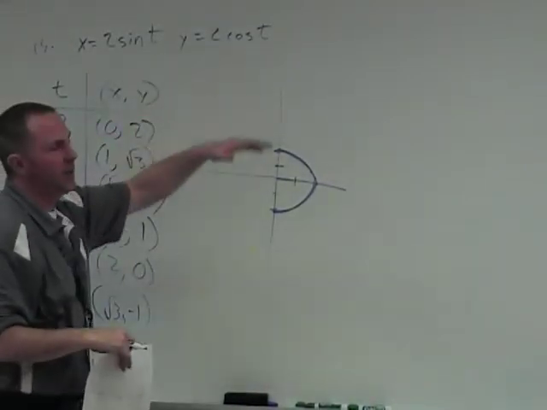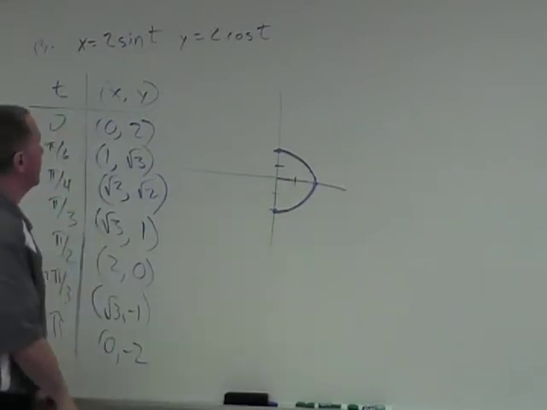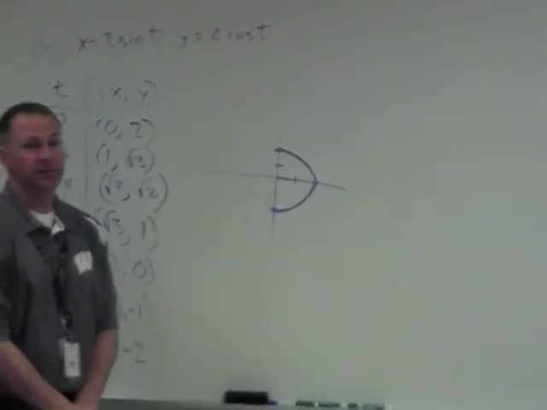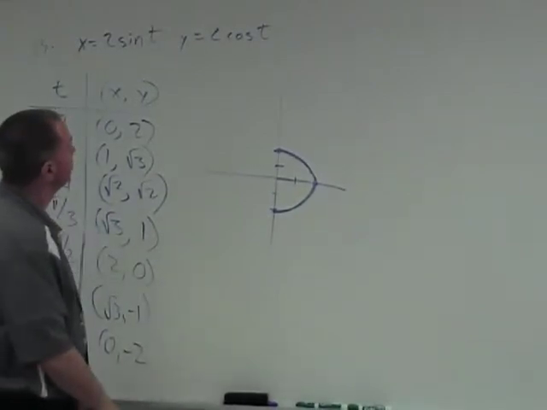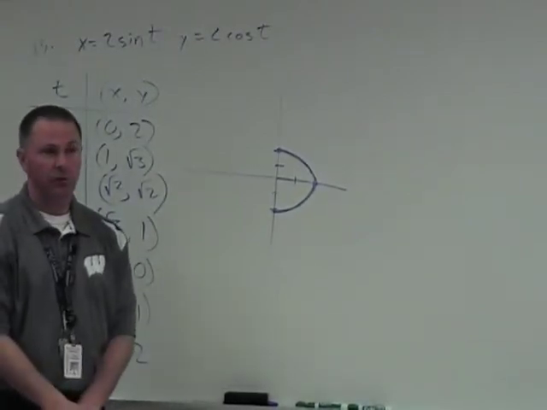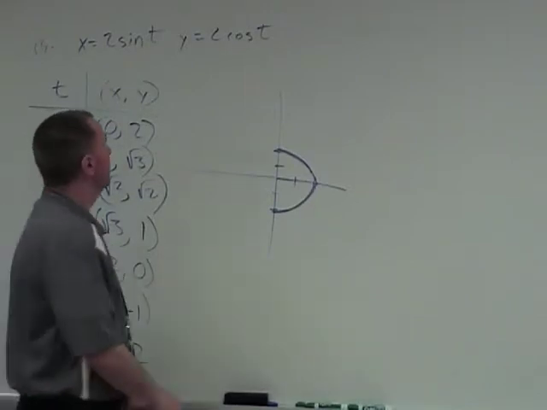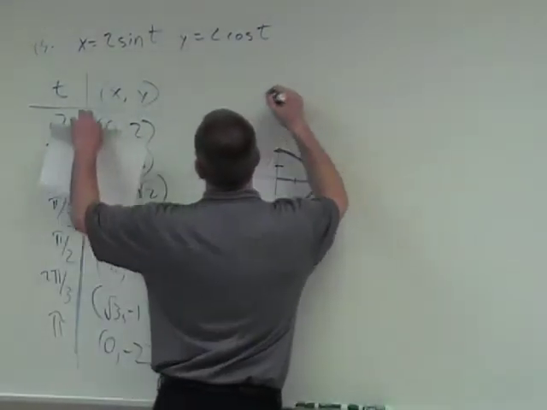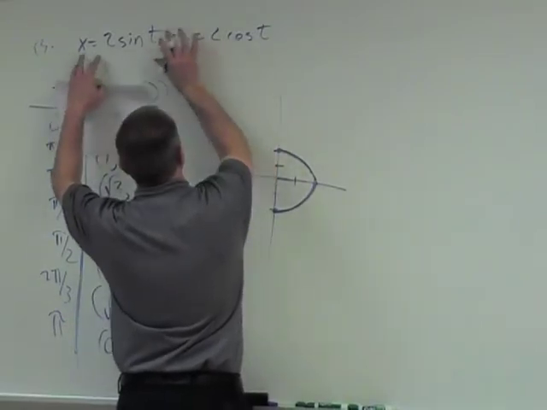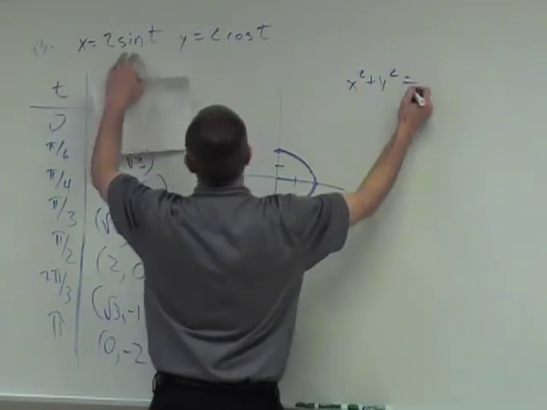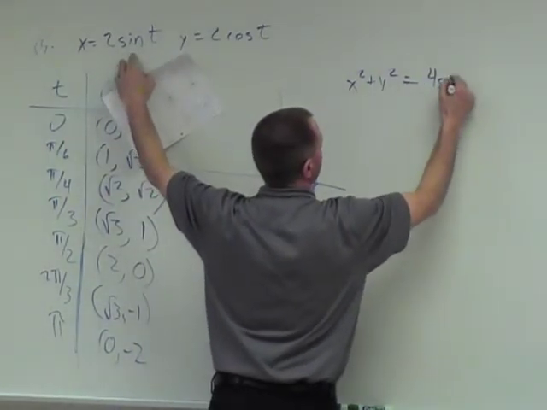Now we need to eliminate our trig functions. Again, we have sine and cosine. If we square both of them, we'll get sine squared and cosine squared, and also 4 is in front of them. So if I square everything and add the two equations together, I get x squared plus y squared equals 4 sine squared of t.